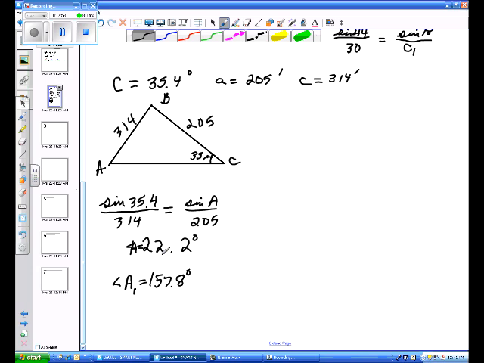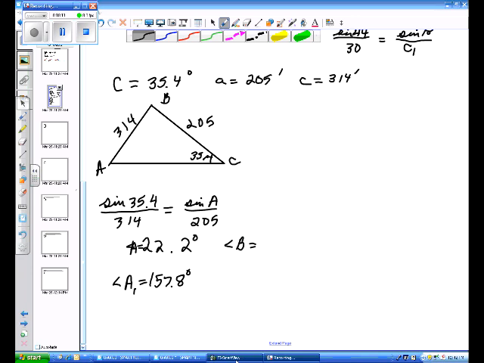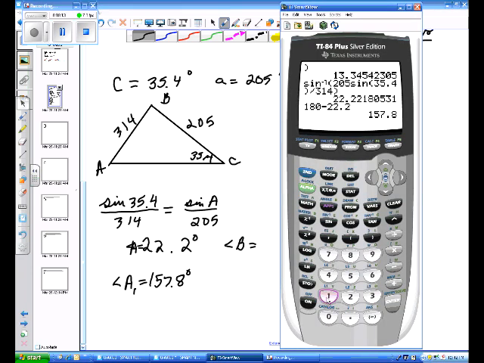Now, I'm going to go through and solve it as if it's 22.2. So I have angle A, I have angle C. I can then find angle B by subtracting. So I have 180 minus 35.4 minus 22.2. So angle B would be 122.4.